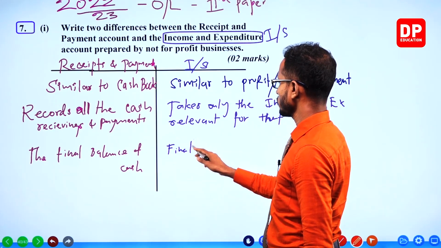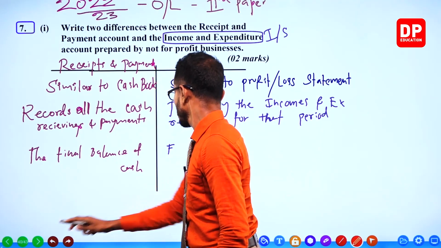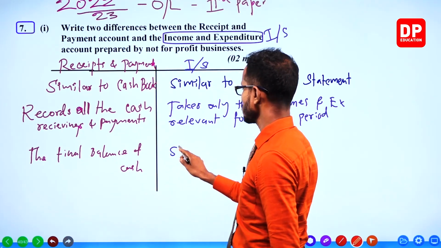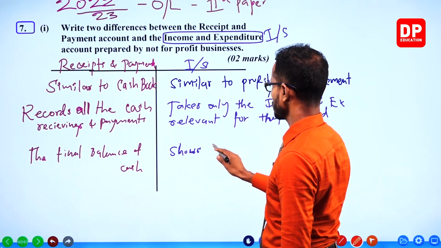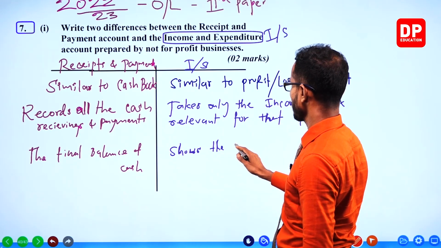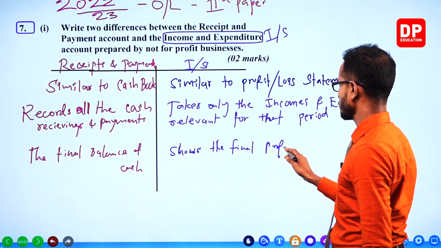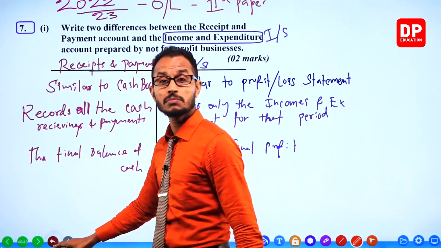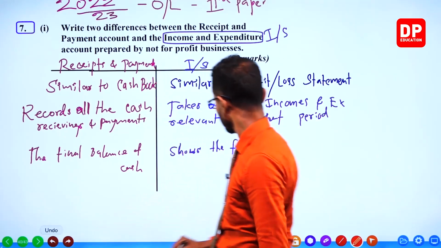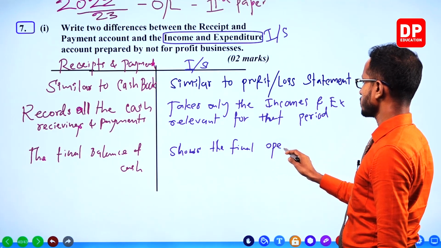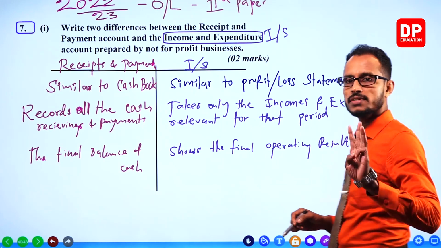It shows the final profit or loss, but you can't say profit or loss because these are non-profit organizations. So it shows the final operating result. There we go. We have 3 instead of 2.